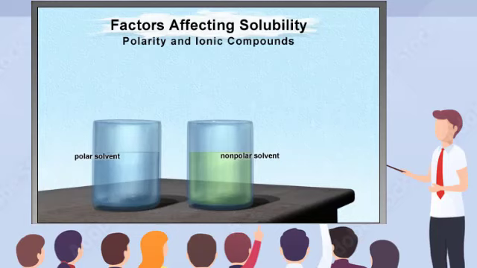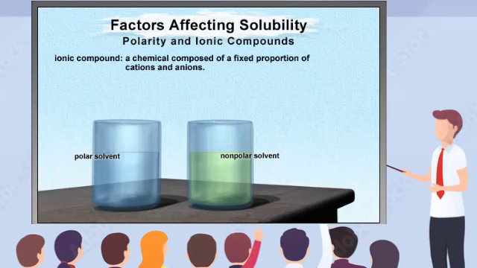You may be asking yourself, what about solid ionic compounds? Remember, an ionic compound, such as sodium chloride, is composed of a fixed proportion of cations and anions. Do you think ionic compounds dissolve in nonpolar or polar solvents?